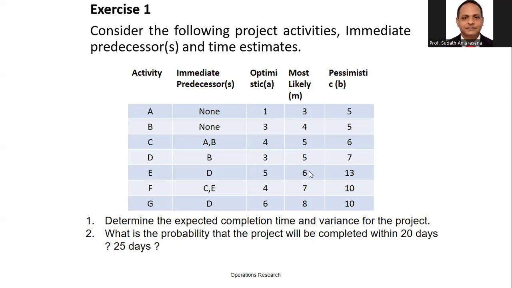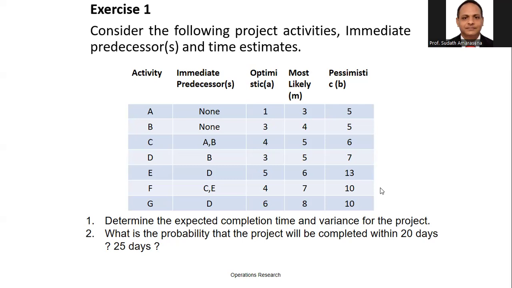6 into 4, 24, plus 5, 29, plus 13, 39 plus 3 is 42, divided by 6 is 7. Then F, 7 into 4, 28 plus 10, 38 plus 4, 42, again divided by 6 is 7.